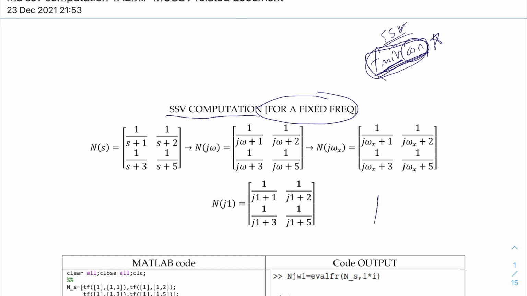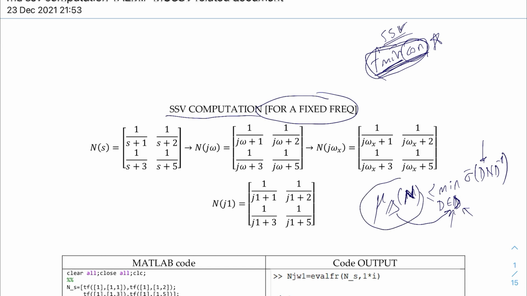That was our situation: let's call the matrix N, and minimize over D, where we define a D set for a given data set, and then something like this. That was the problem. We parameterized our decision variable D by using the structure of the D set, and by using fmincon we computed SSV for a given N.